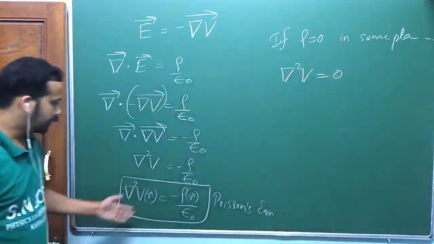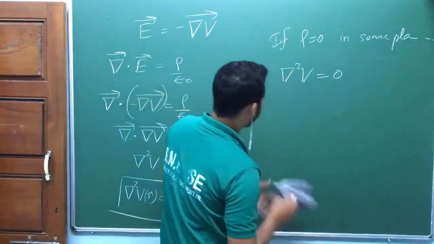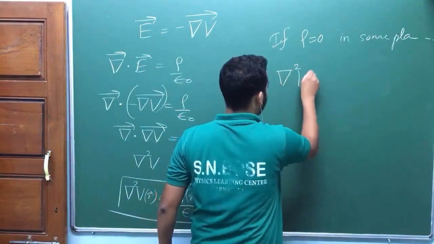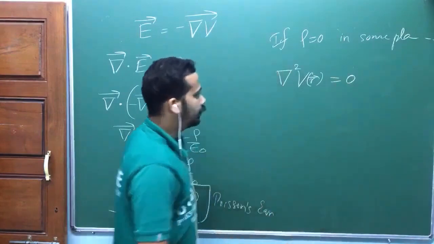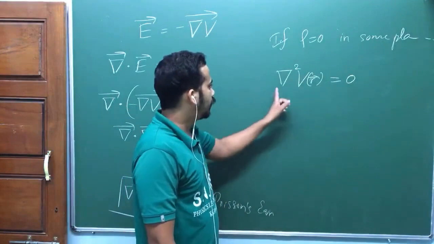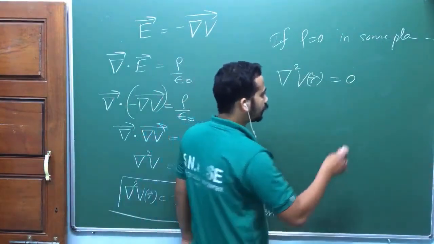This equation will become this kind of equation if rho is equal to 0, isn't it? Better to write it like this, del square V of r is equal to 0. If in some space there are no charges, then your potential will satisfy this equation. We call this the Laplace equation.